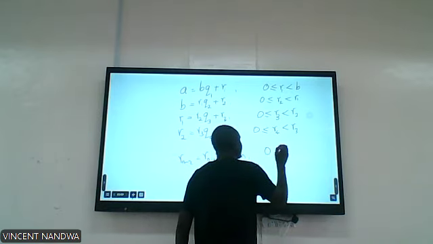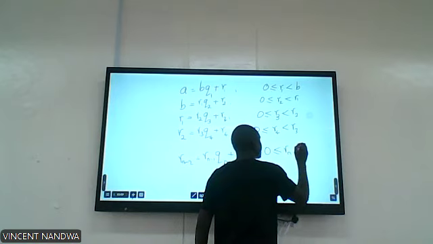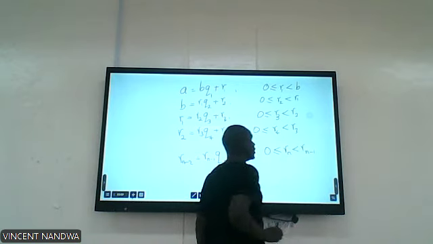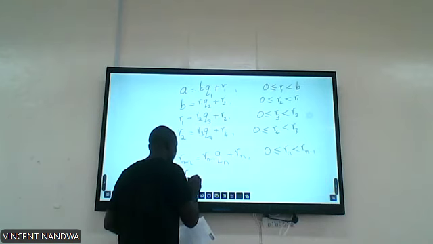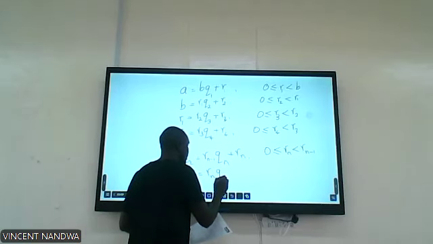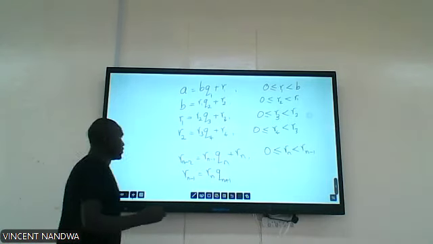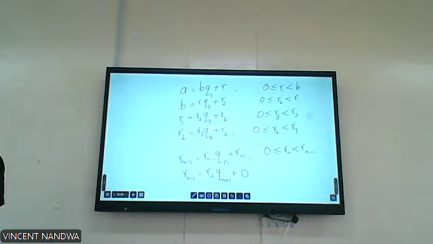And then what should be the restriction? 0 is less than Rn, which should be strictly less than Rn minus 1. Good. Then next we have Rn minus 1 equals Rn times Qn plus 1. So this last step, the remainder is 0. Then we stop.